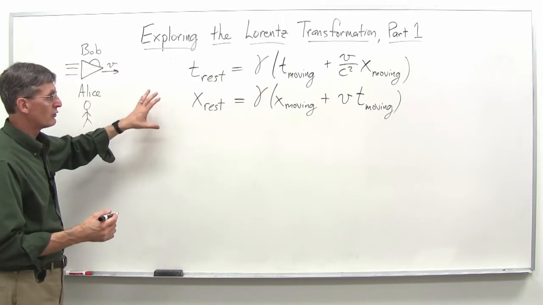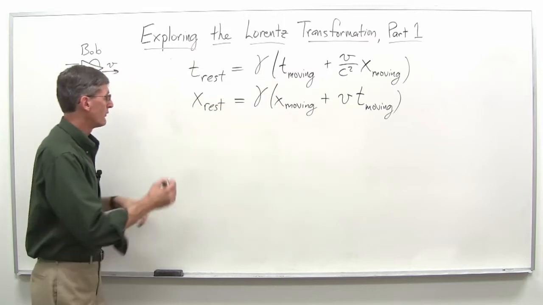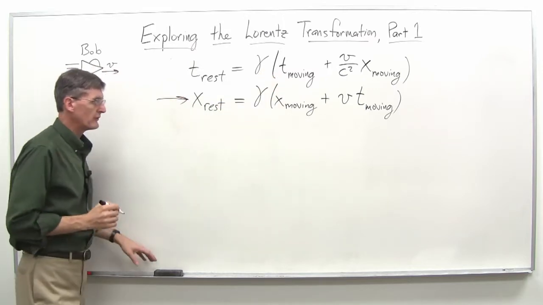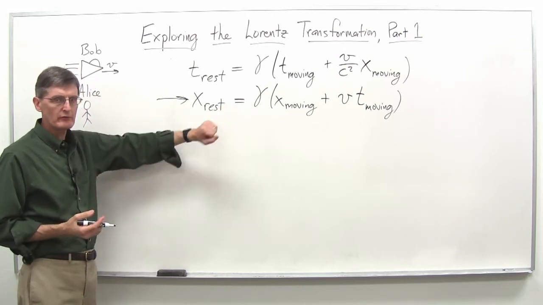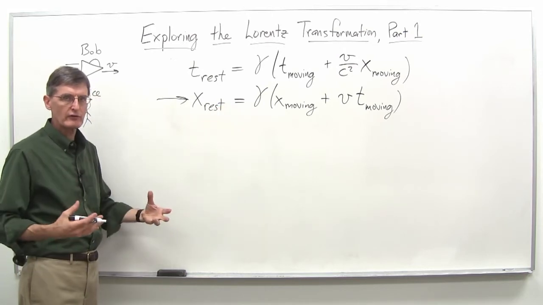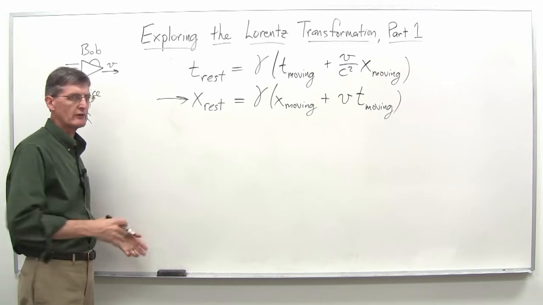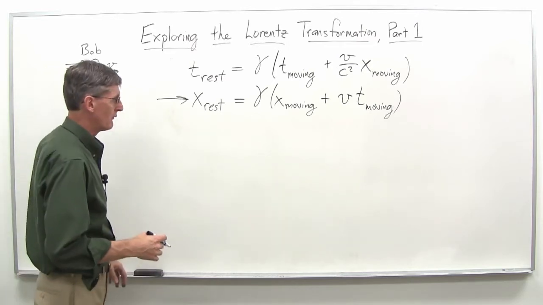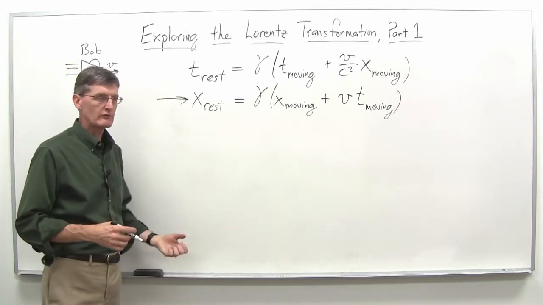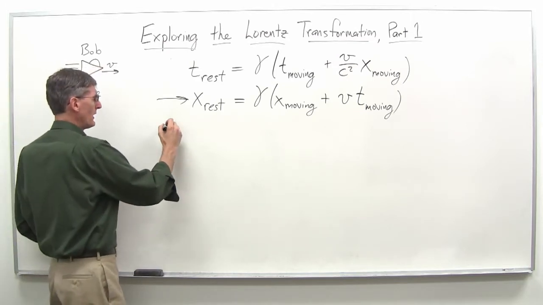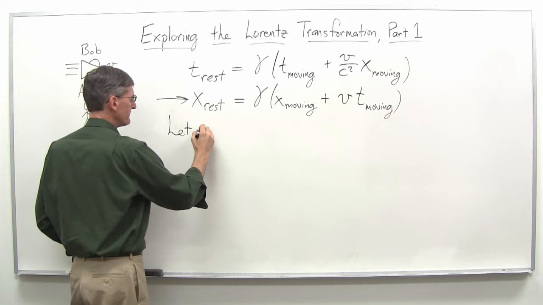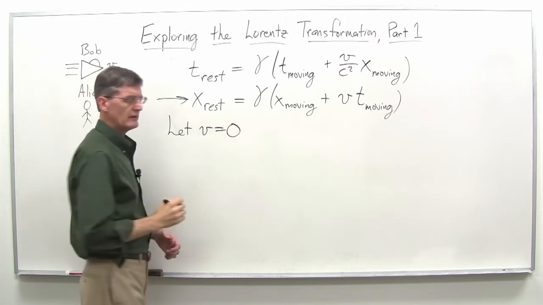What we want to do in part one of exploring this is focus on this equation here and see what happens when we put in some different values, to see if the results make sense based on our previous understanding, with things like length contraction. So to start off, let v equal 0.